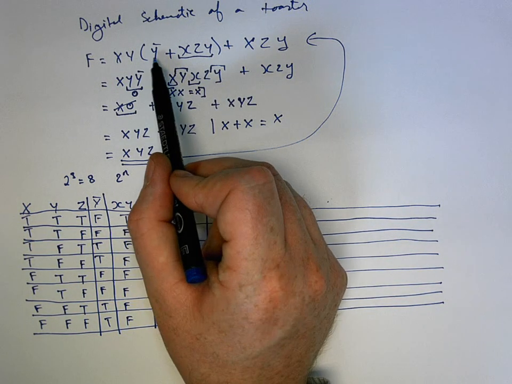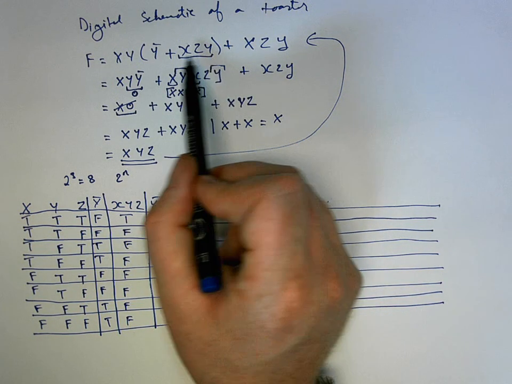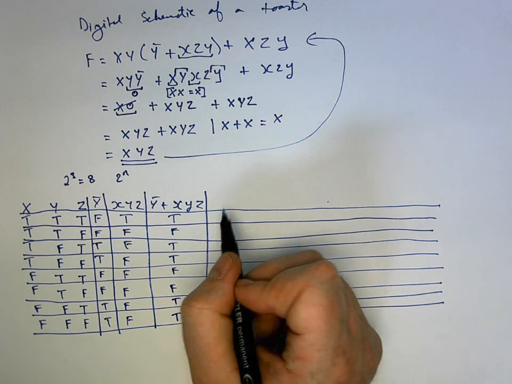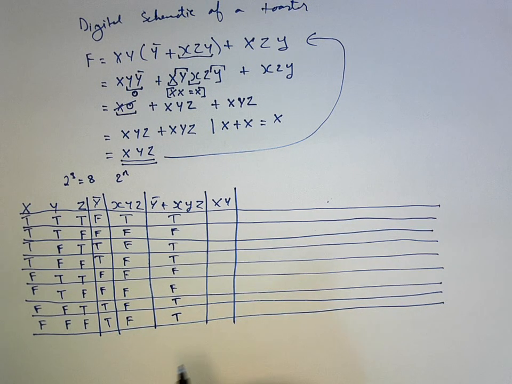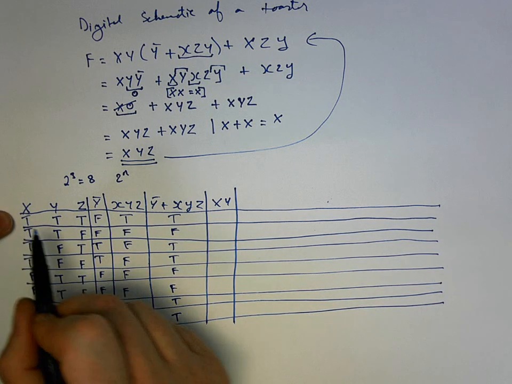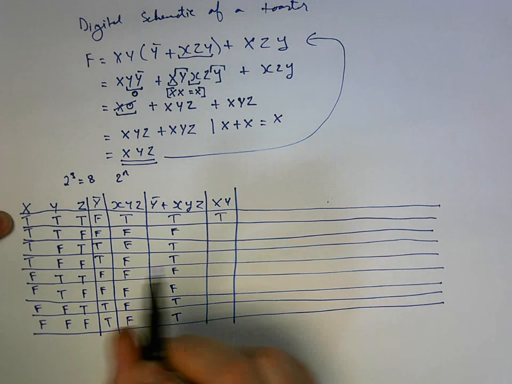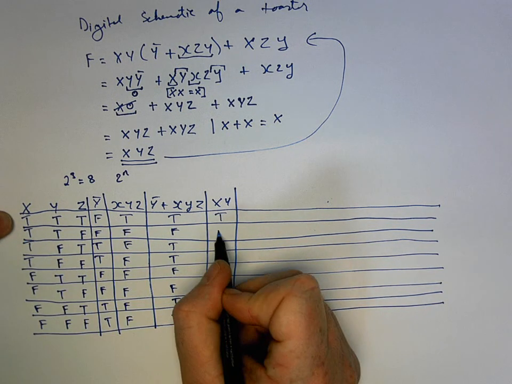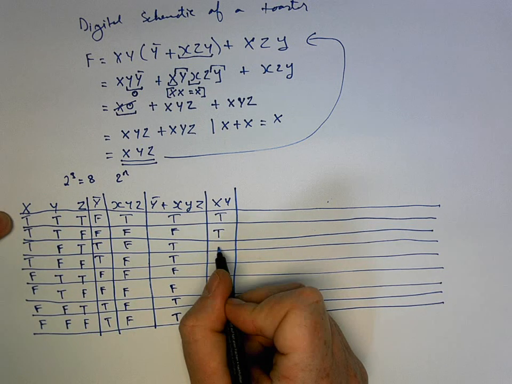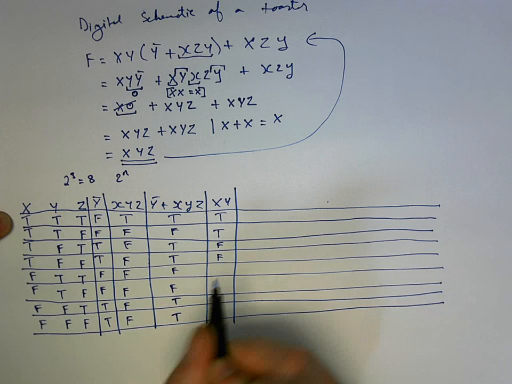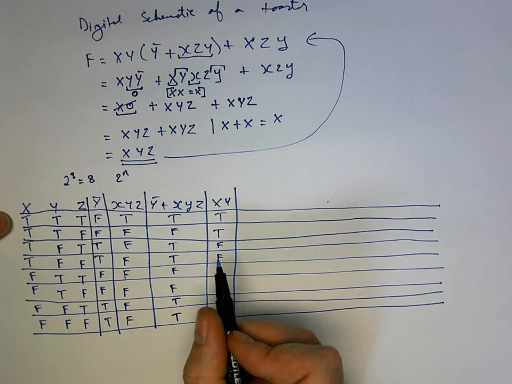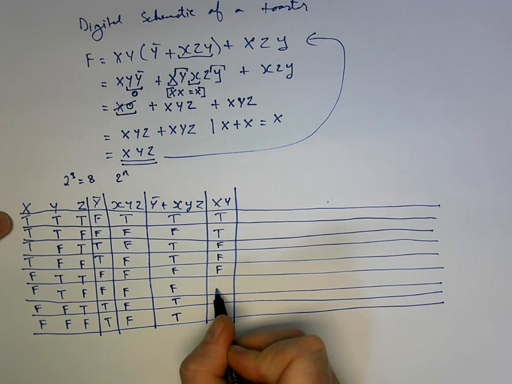Now this whole element inside the brackets is being ANDed with the xy, so we need to do up a little truth table for x ANDed with y. True and true is true, true and true is true, true and false is false, true and false is false, and then the last 4 ANDed with anything are going to be false.